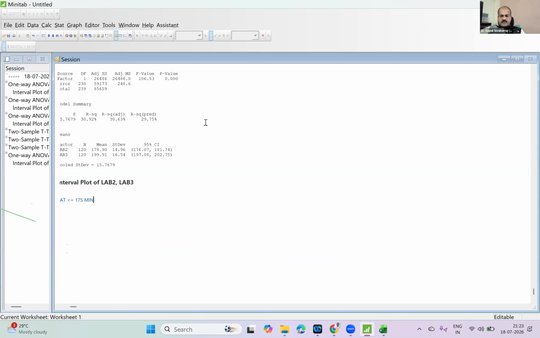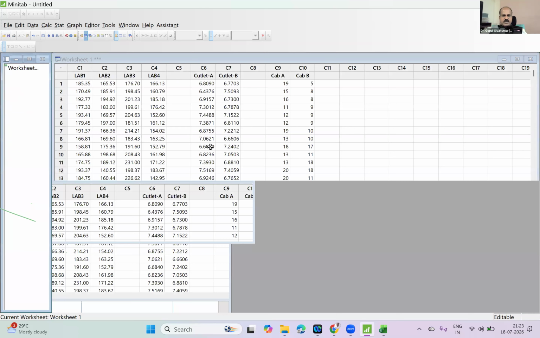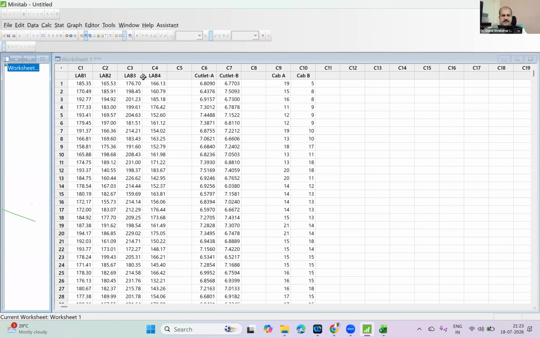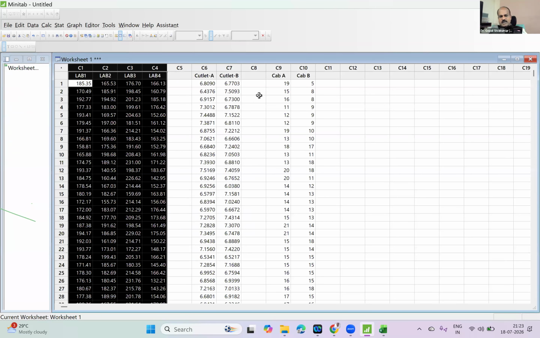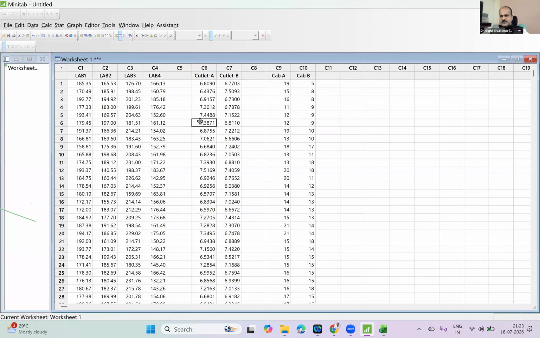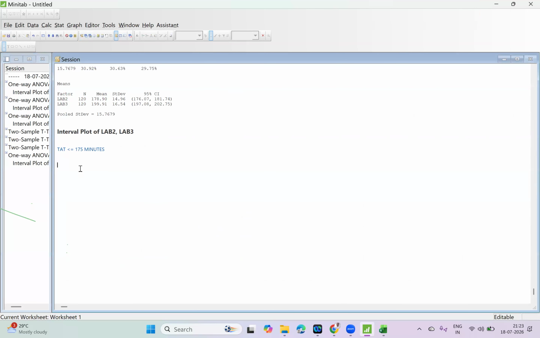Now we have to check whether any particular lab is eligible to qualify for setting up their facility in our hospital. We have to try this one laboratory at a time. The TAT must be less than or equal to 175 minutes. Am I right?